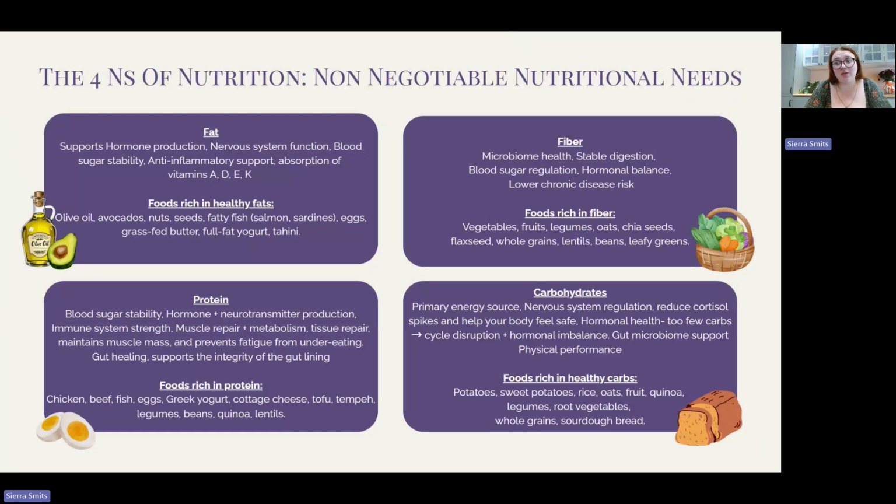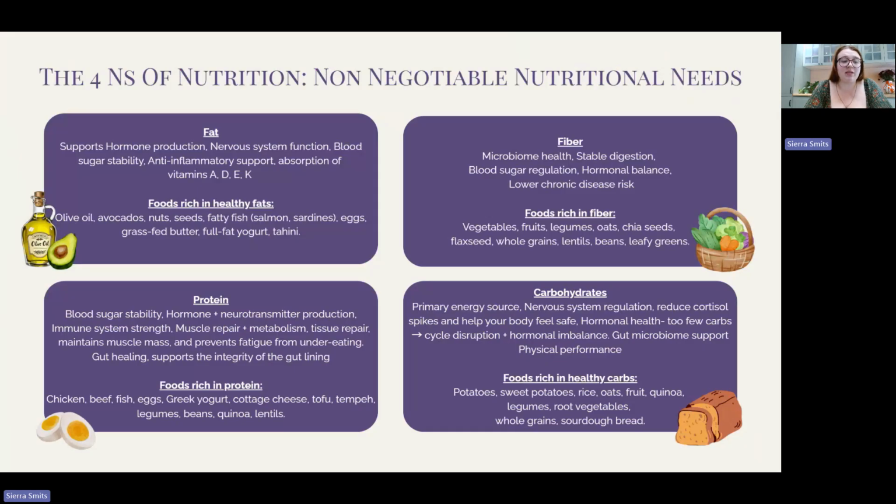So if you're dealing with an injury, you're dealing with a weak gut, you're trying to heal your tissue, you have to be eating protein. It maintains muscle mass. It prevents fatigue from undereating. It supports gut healing, and it supports the integrity of the gut lining. Again, this has to do with the tissue repair. Your tissue cannot repair if it doesn't have the amino acids and the proteins needed to build the tissue.